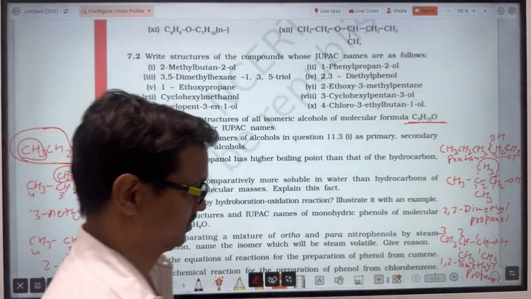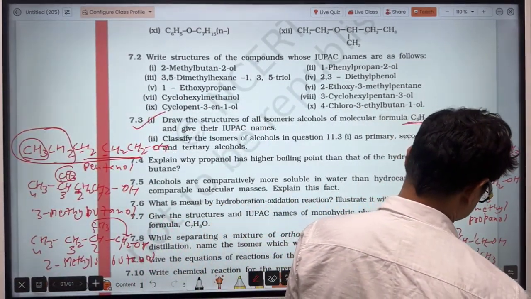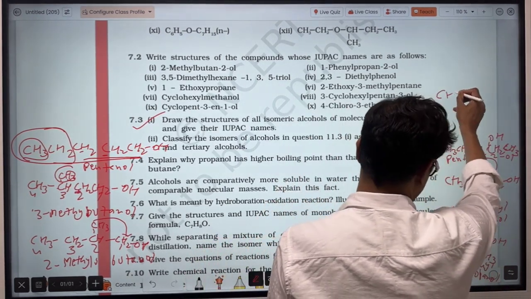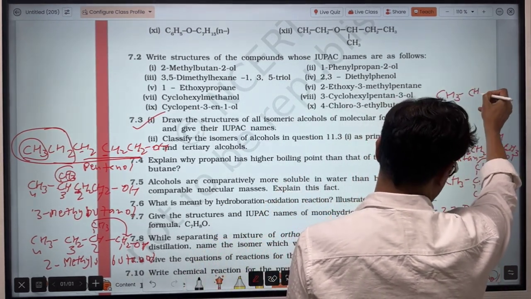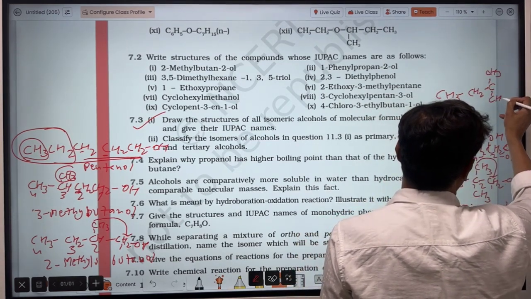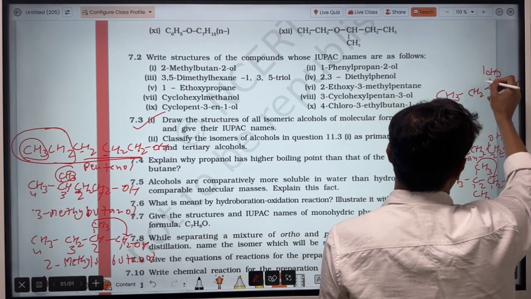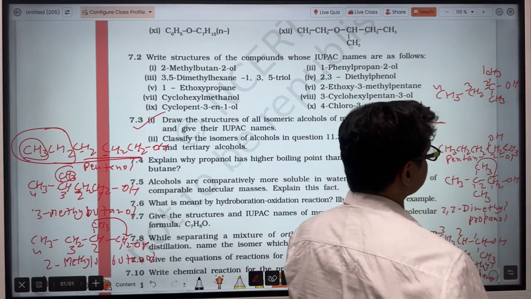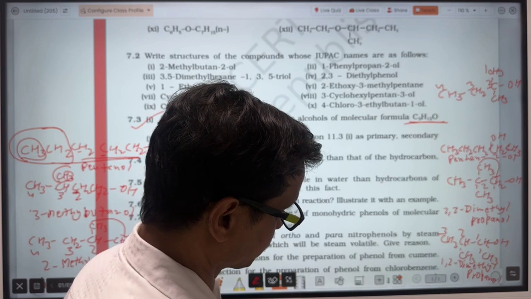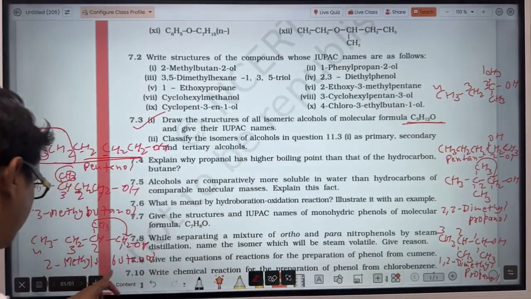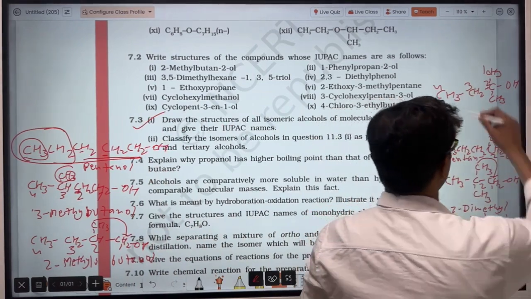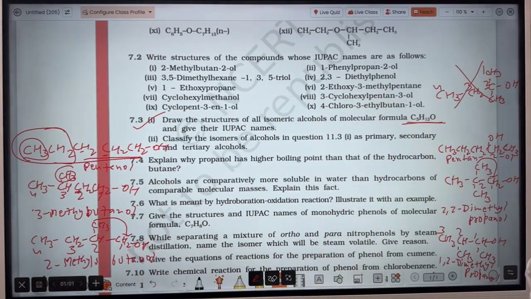Okay. Now then, if you shift this methyl to here, then what will be there? 2-methyl butanol. Is there any other 2-methyl butanol? 2-methyl butanol. So this structure and this structure are the same. So that's why this structure will not count.